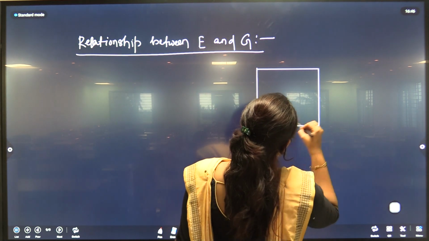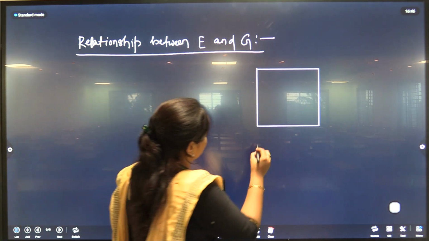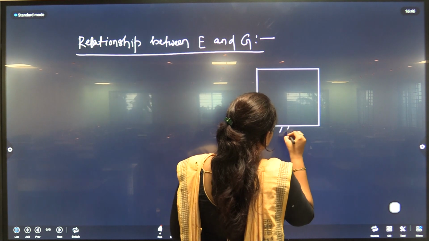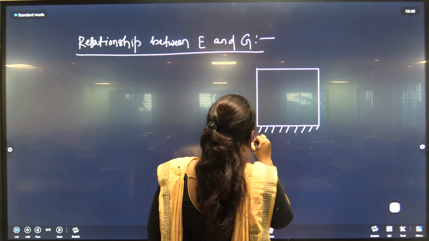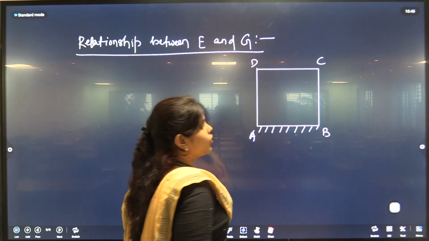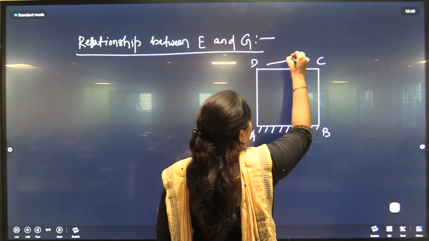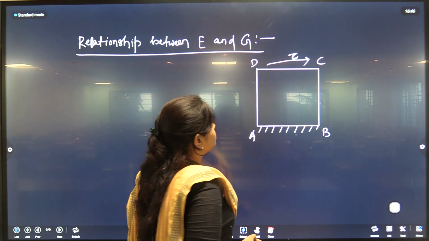Here, by taking a square structure, we have to fix this end, naming it A, B, C and D. We will apply one shear force here, that is equal to tau.